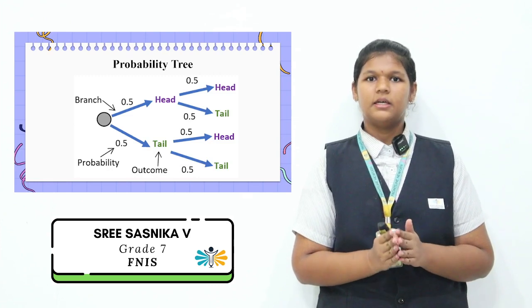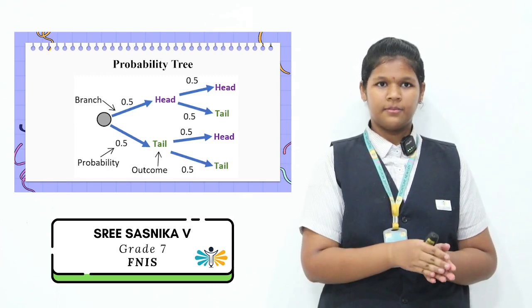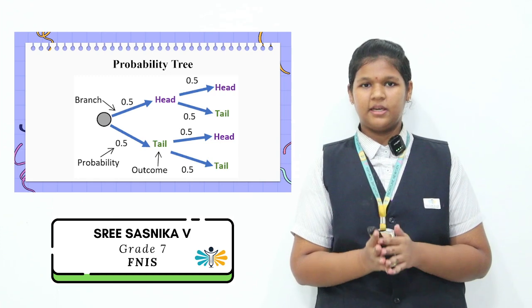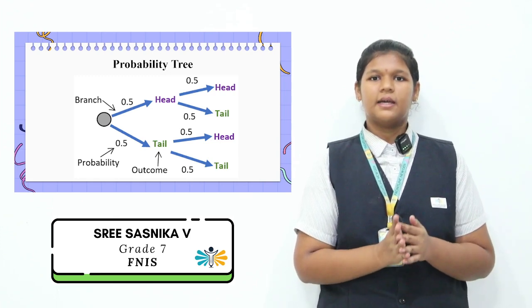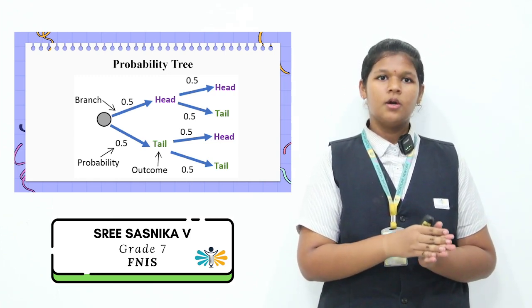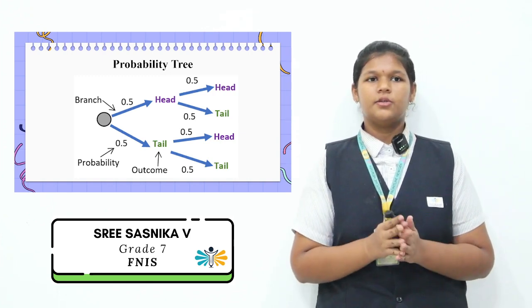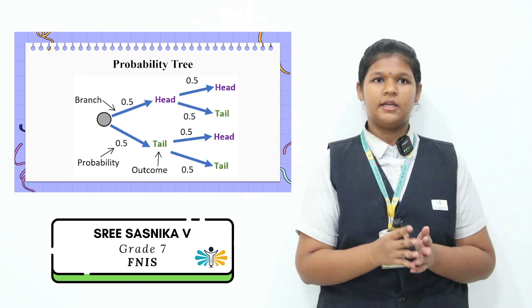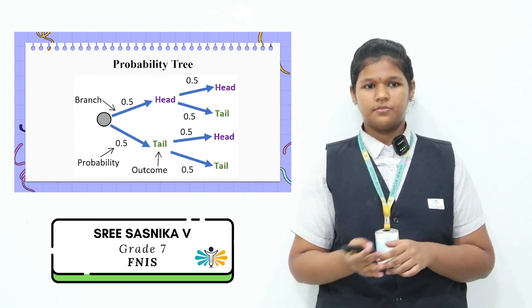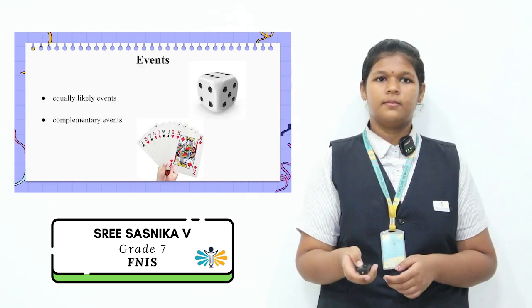A probability tree is also known as a tree diagram or probability tree diagram. It is a graphical representation of the outcomes and observations in probability. It is used to calculate sequential and multi-stage concepts in probability.